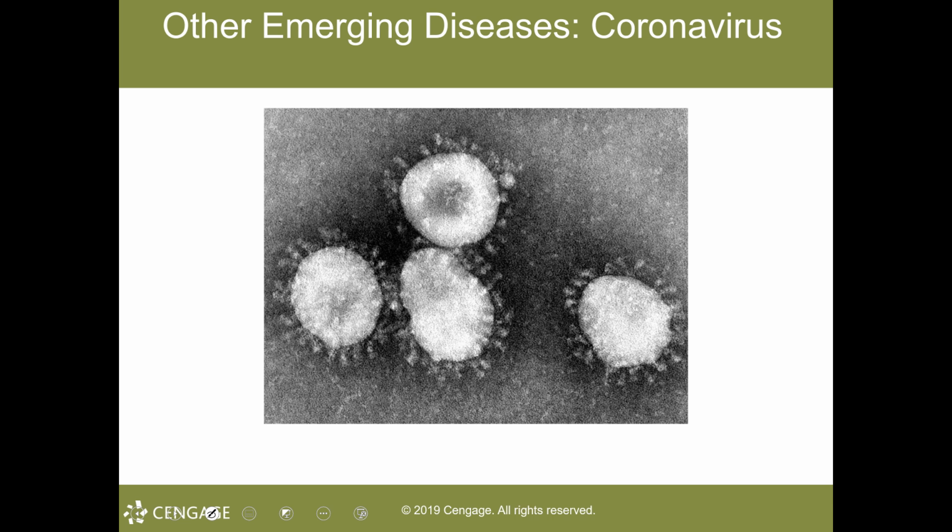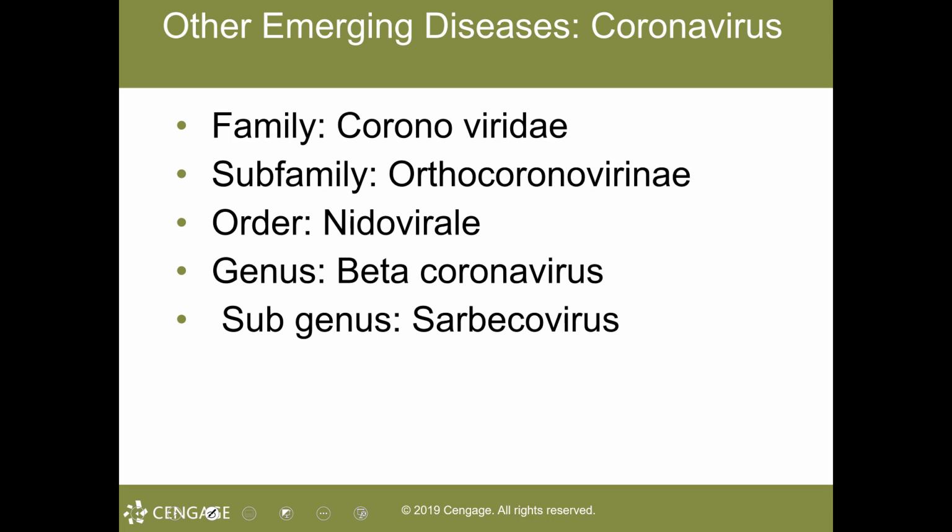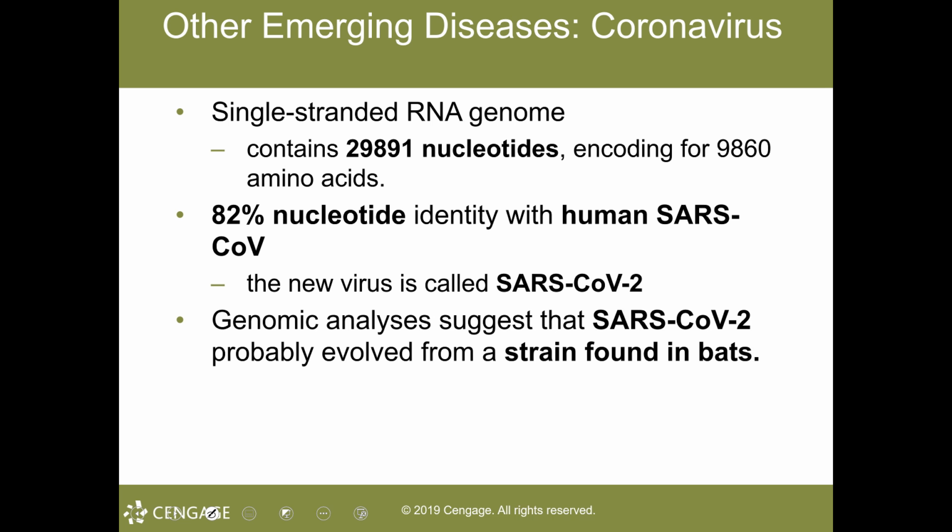This is what the coronavirus looks like, class, with its viral epitopes on the outside. They attach to very specific cells, but it's in the coronavirus family, and I won't go through all of the taxonomy of this. What I'll further get to, class, is that it has a single-stranded RNA genome with over 29,000 nucleotides, which encodes for approximately 9,800 amino acids.